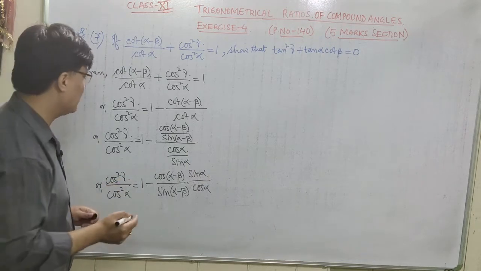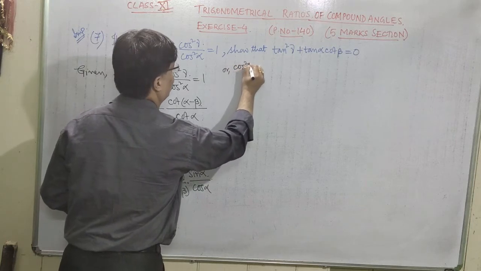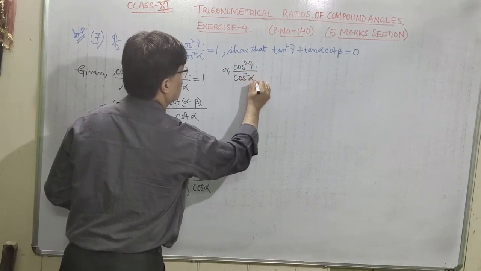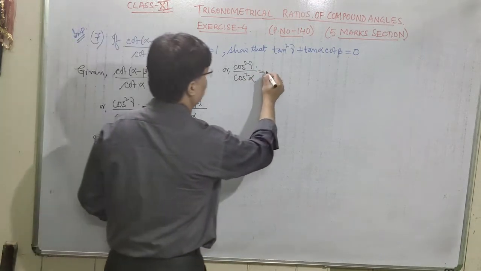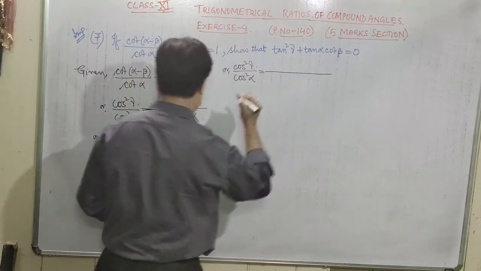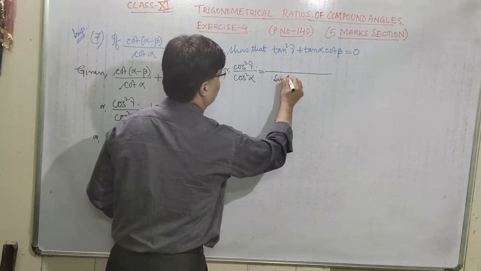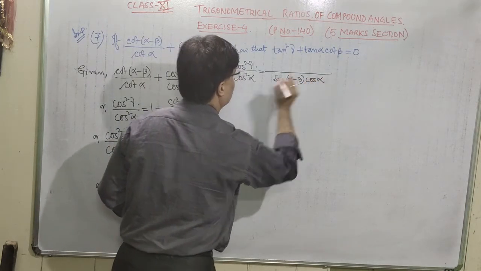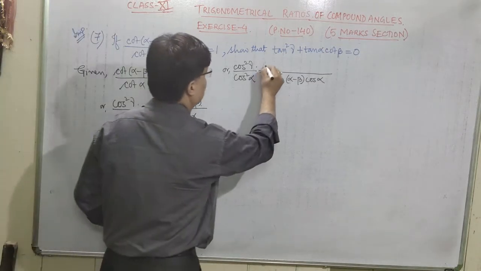So let us simplify the right hand side. Let us take the LCM on the right hand side. So in the next step we have cos square gamma divided by cos square alpha is equal to. What's the LCM here now? It is sine of alpha minus beta into cos alpha. What is there in the numerator?